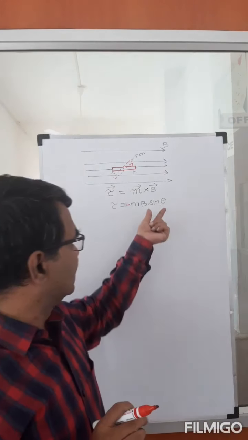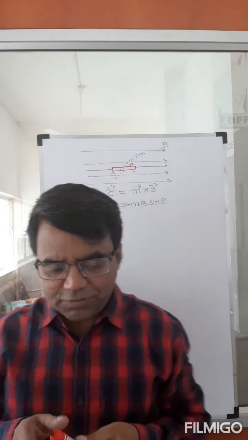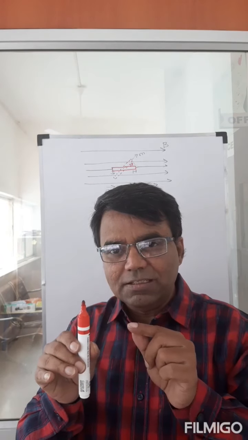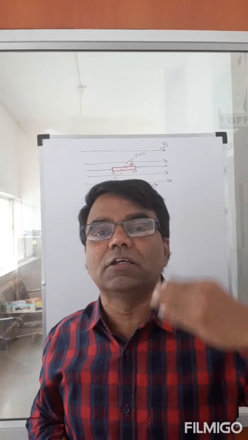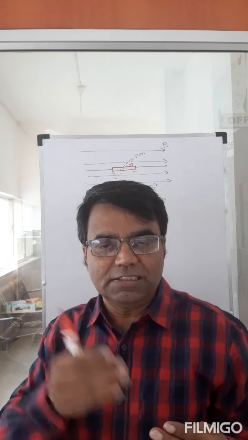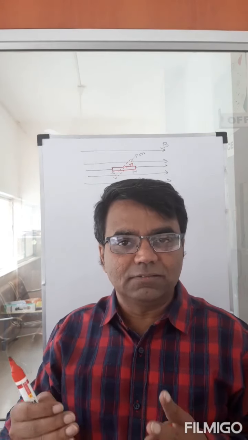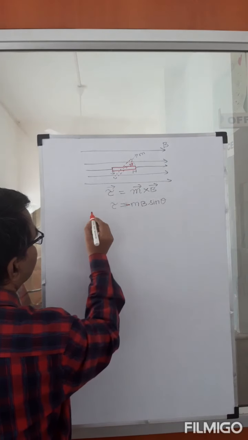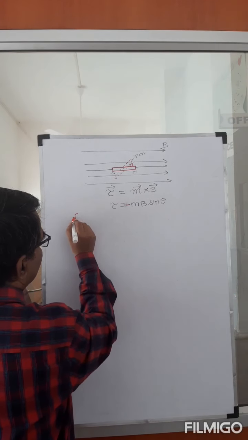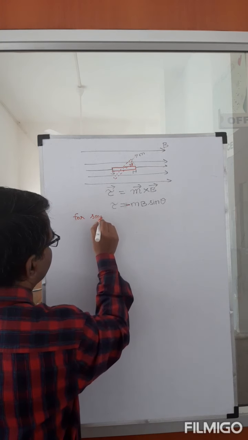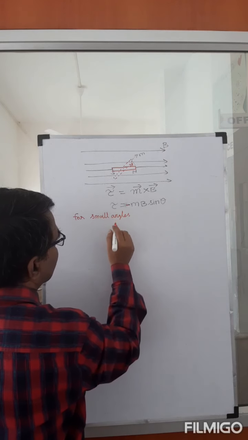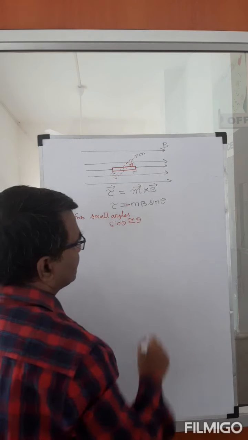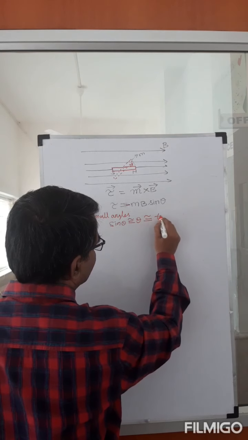Let's take this sine theta, for example. For very small angles, from 0 to say 15 to 20 degrees, we have already come across what is called the small angle approximation, which is sine theta is approximately equal to theta, which is also approximately equal to tan theta.